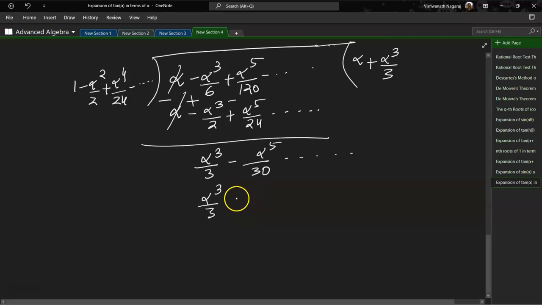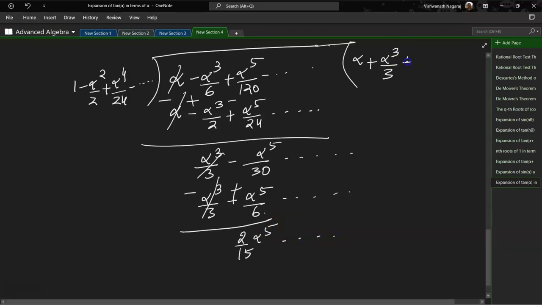So alpha cube by 3 minus alpha 5 by 6. And dot. So minus plus this cancels. And here we are left with 2 by 15 alpha 5 dot.